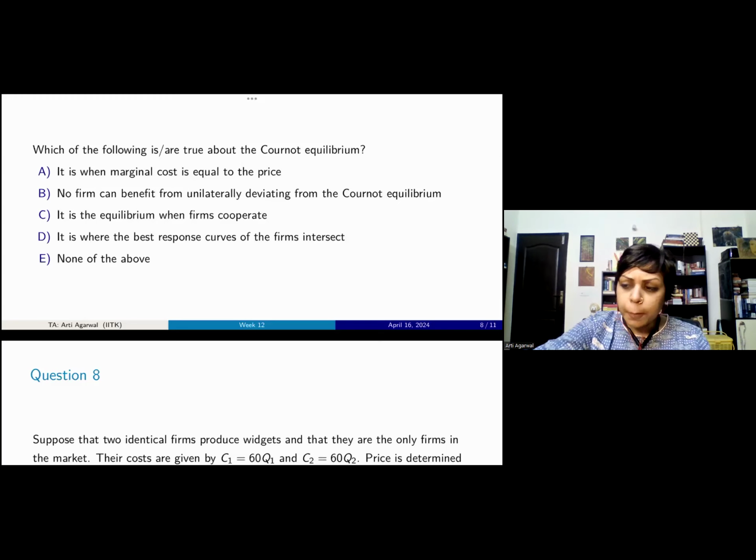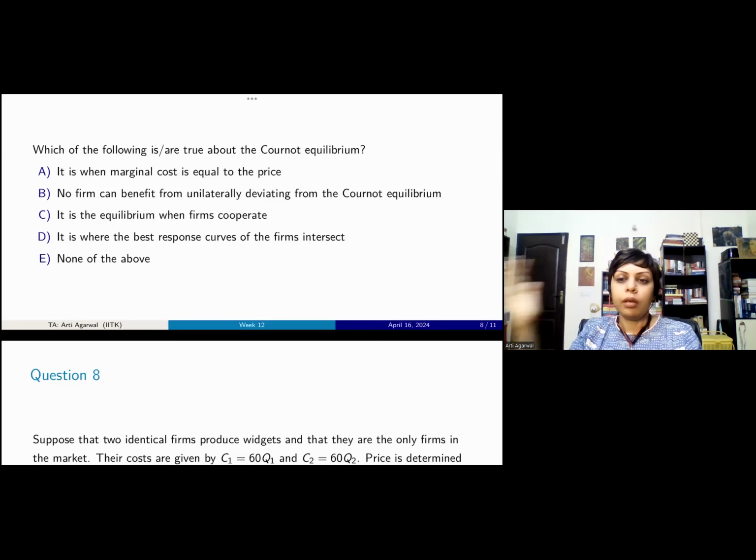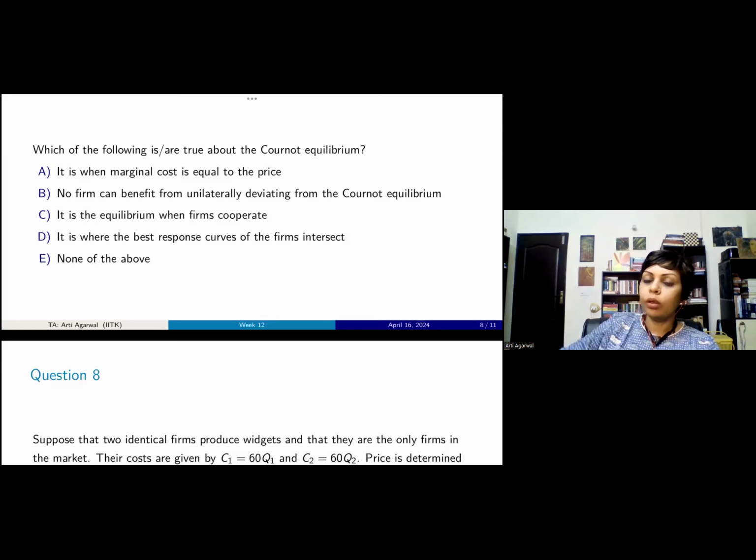And because this is a game, you're using game theory, a game between two players, what you achieve in the end is a Nash equilibrium. By definition, a Nash equilibrium is an equilibrium where no party can be better off by deviating from the equilibrium.